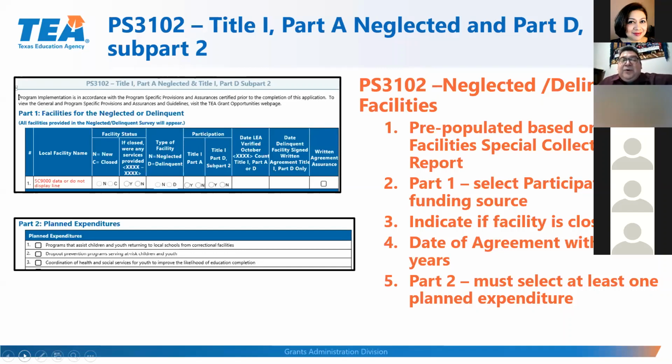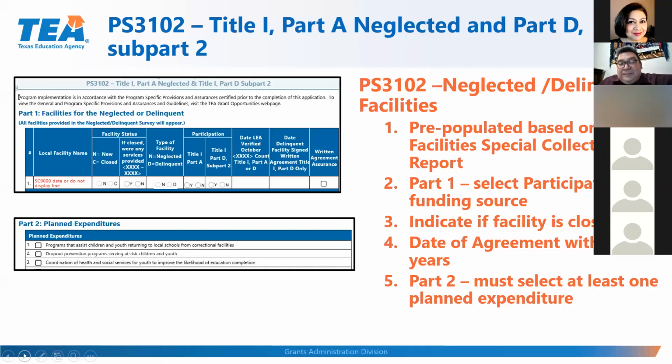And then you let us know, are you using Title I, Part A funds for this facility to help support it? Are you using Title I-D funds to help support it? And then, of course, your date of agreement for your delinquent facilities, your agreement letter. We do ask that it is no more than 2 years old.